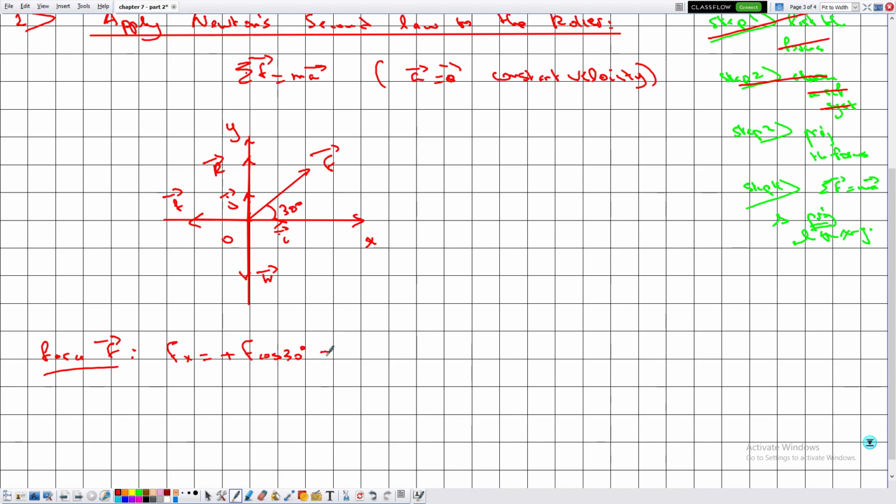Yes, so radical 3 over 2 multiplied by F. If this is 30, this is 60. So in this case, Fy is simply given by plus F sine 30, which is equal to half F. So Fx is equal to radical 3 over 2 capital F, and Fy is equal to half F.